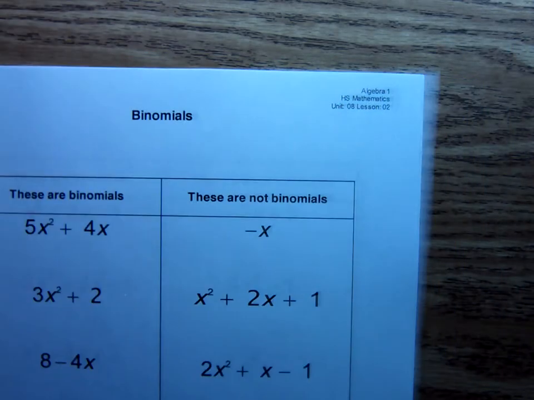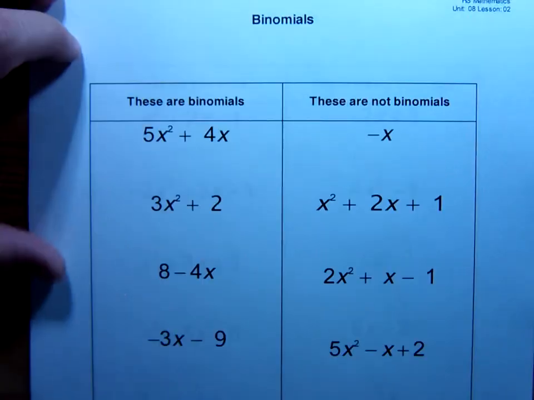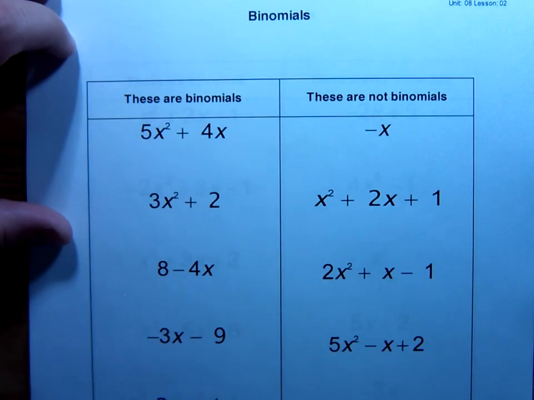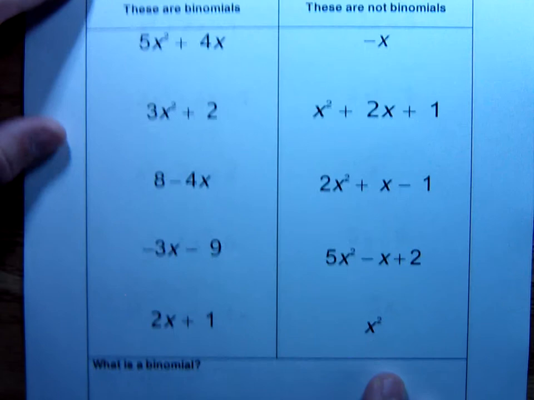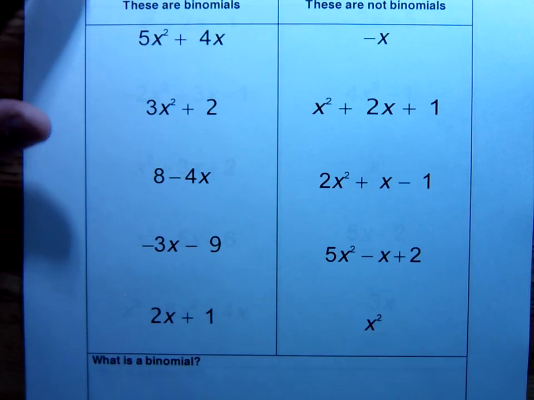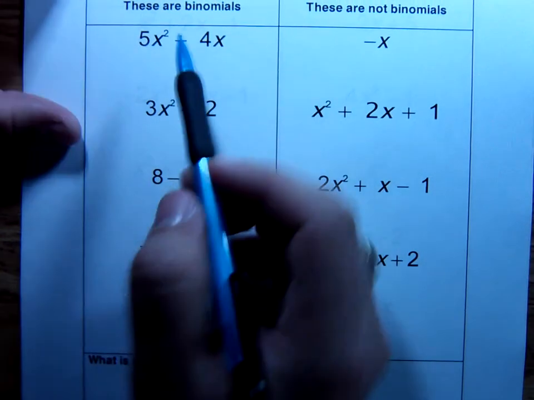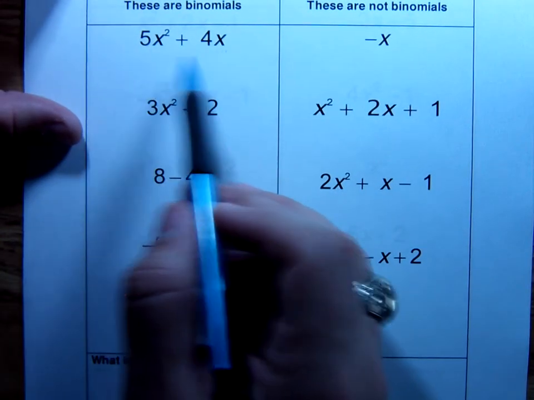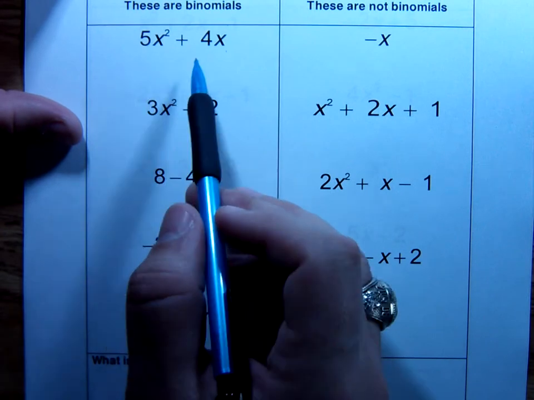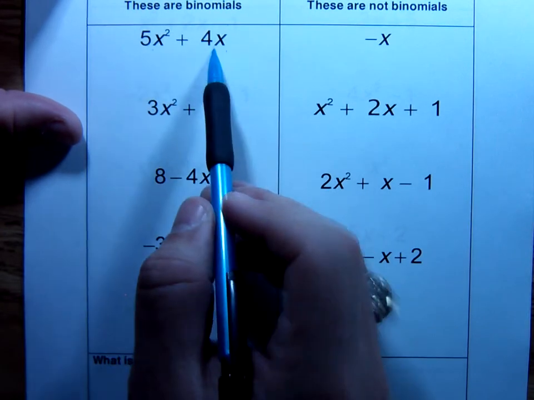Take a look at these. These are binomials. What do you see there? Well, now you have two terms. Bi, like bicycle, means two. One monomial plus another monomial.